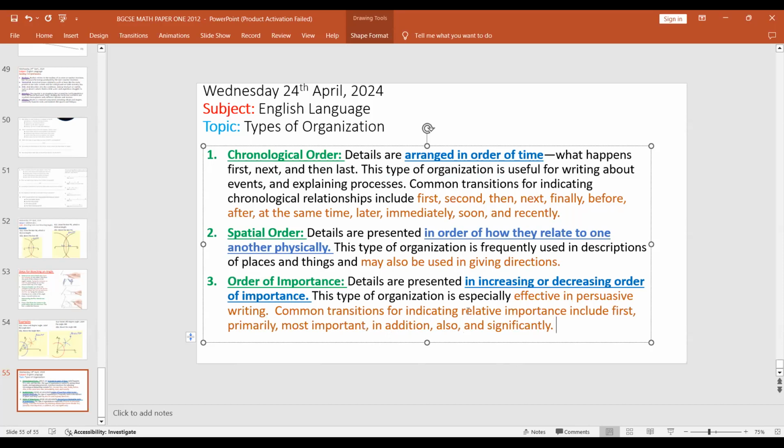So those would be some common transition words for order of importance.